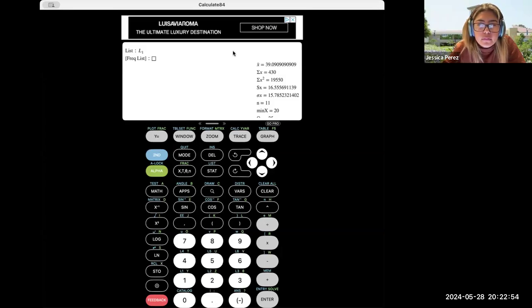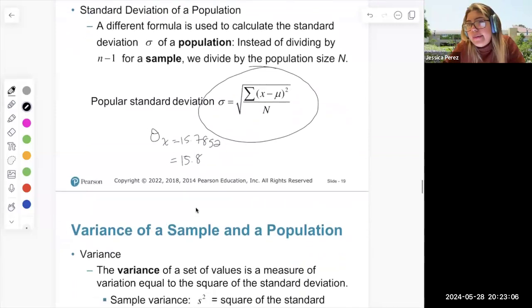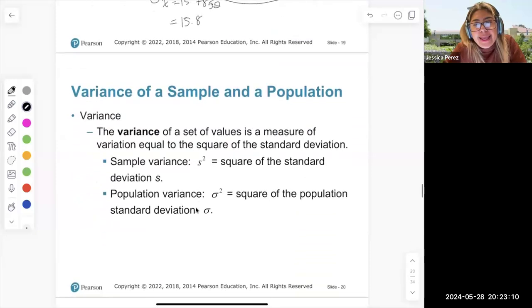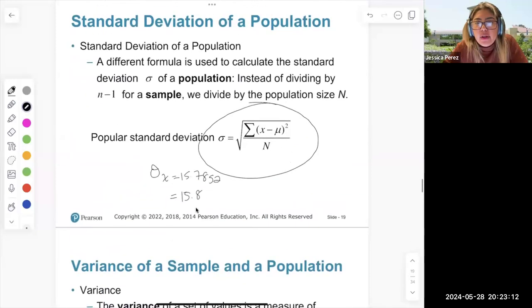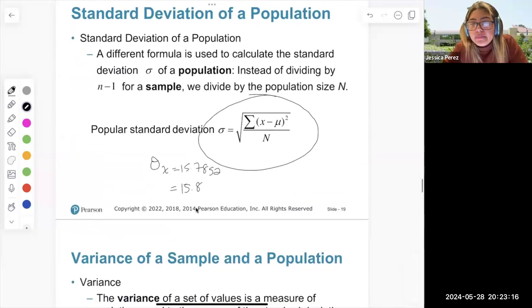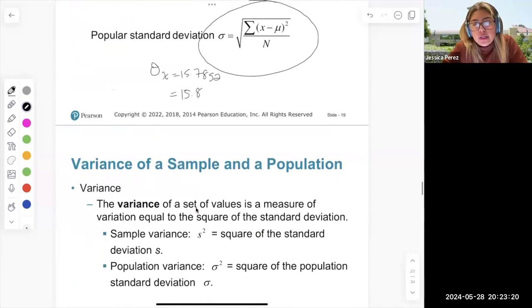So let me go back. When we saw the sigma of x, we saw that this was 15.785. We round that off by 1 decimal. That is called the population's standard deviation, or sigma. There's also sigma squared or S squared, and all you do is square the standard deviation.